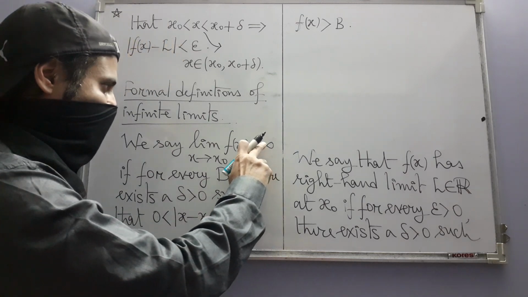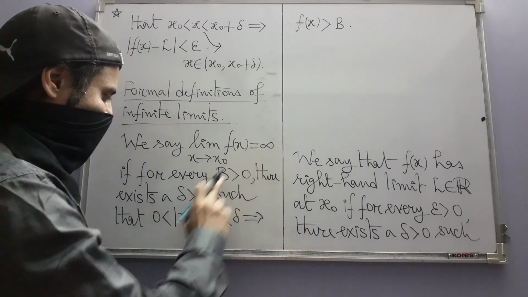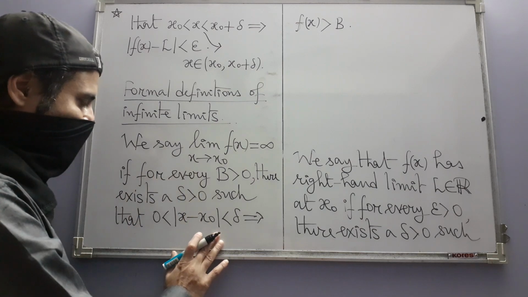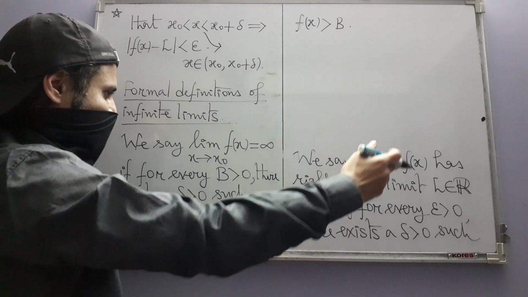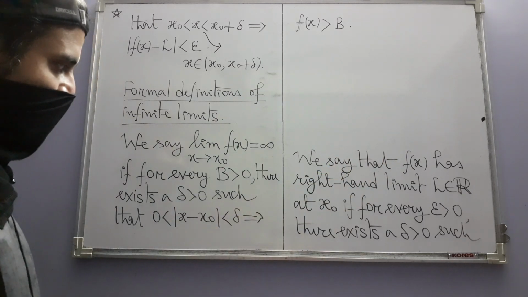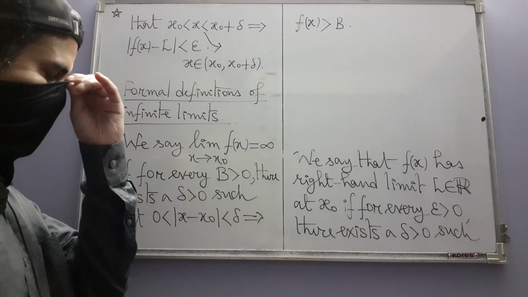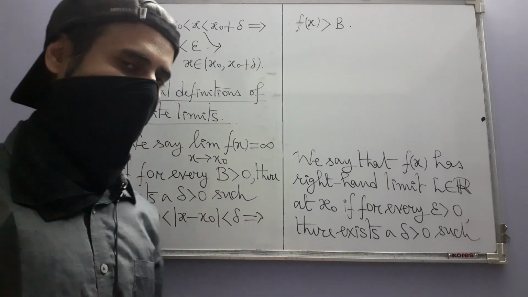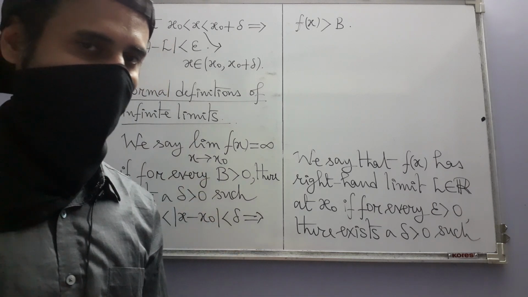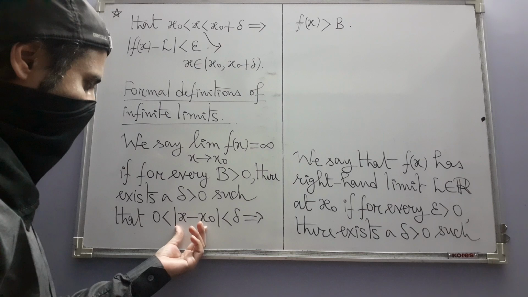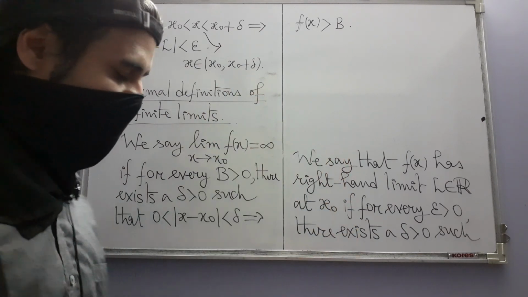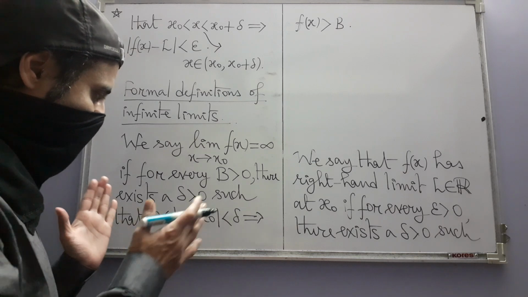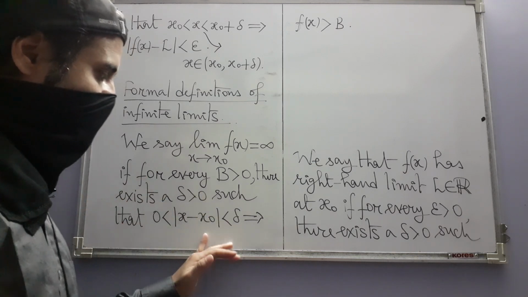Similarly, if you have minus infinity here, then this part will be same, but here you will write f of x less than minus b. That is, you can make the f of x values as negative as you want by choosing x sufficiently close to x naught.